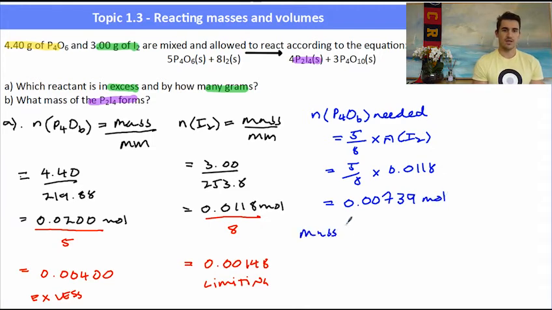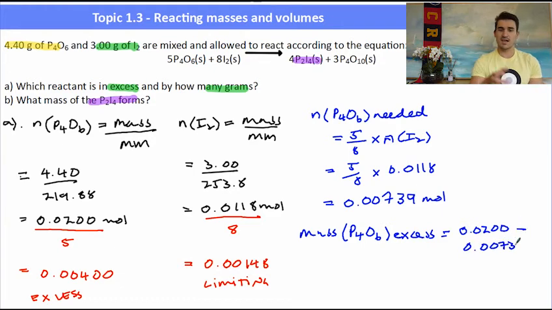Now the number of moles of P4O6 in excess will be the difference between how much I have at the start and how much I need. So the number of moles in excess is 0.0126 mole. That's how much excess I have in mole.